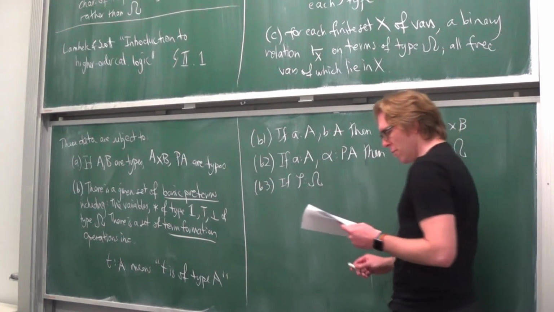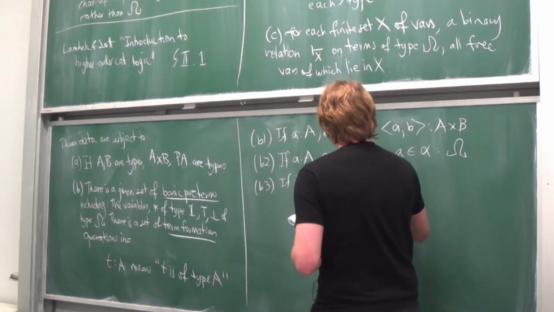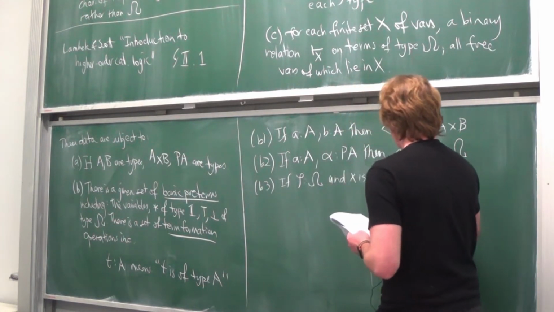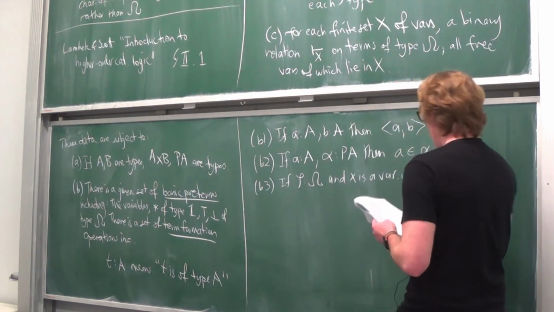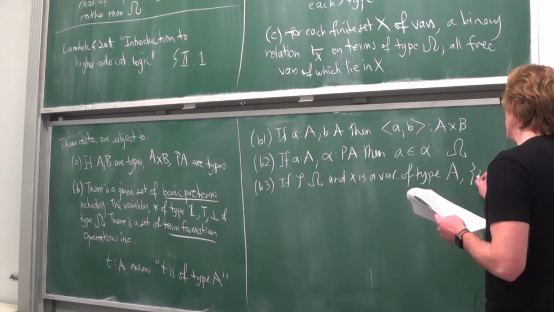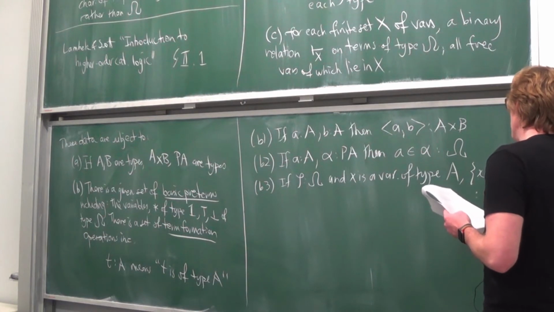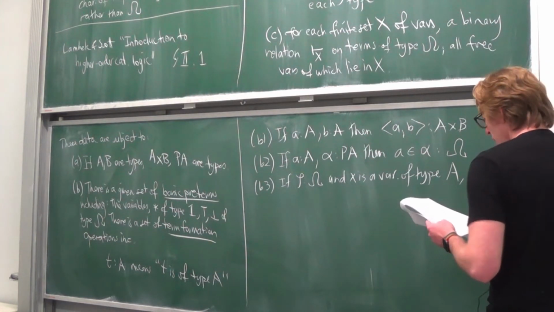If phi is a formula and x is a variable of type A, then {x in A | phi} is of type PA.